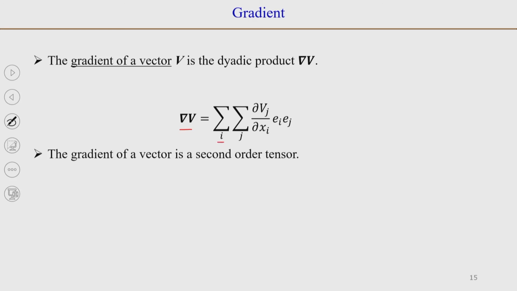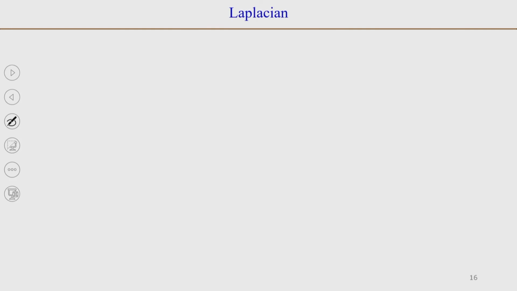You can have summation over i and summation over j, del v j over del x i, e i e j is the direction. So, you can expand it and write all the 9 terms. If v is the velocity vector, this is what we will have, a velocity gradient term. So, velocity gradient is the dyad product of the del operator and the velocity vector.